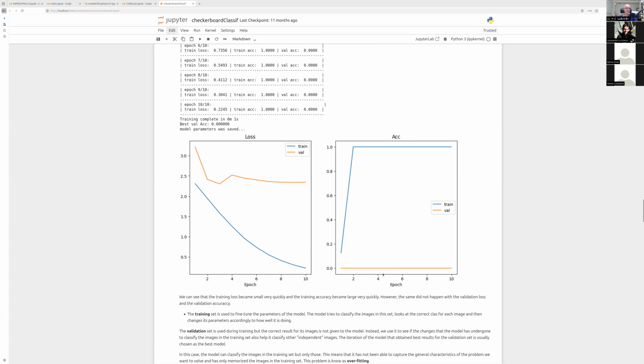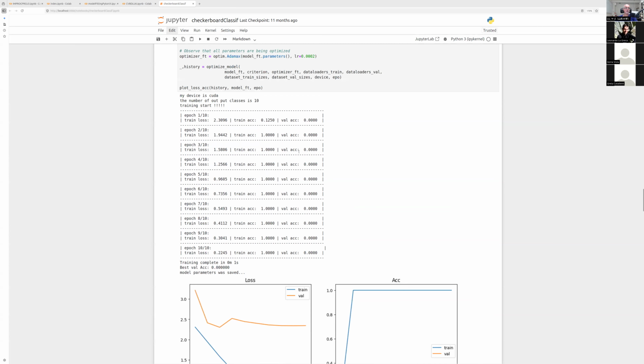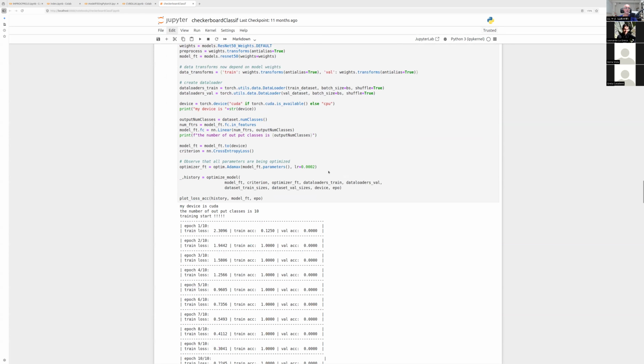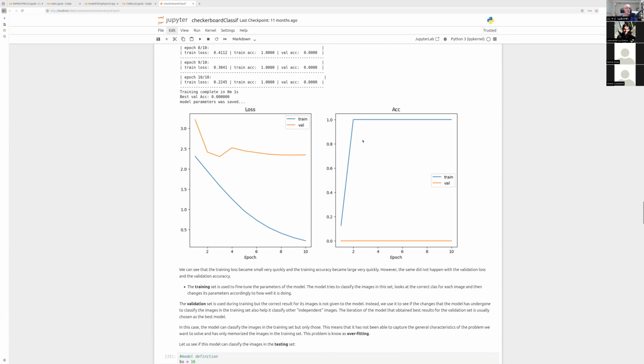In terms of accuracy, the training went to 100%, let's say, and the validation accuracy stayed at 0. Here, because my data was not enough, if you remember, what we had done was define a very small training data set with only 10 images. So essentially, we could see this as the model memorizing the 10 images very, very well, but that meaning nothing for the generalization power of the model. Generalization power is defined as this link between the practical and the theoretical problem.